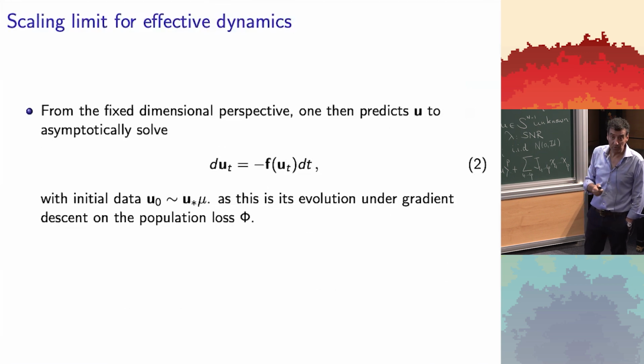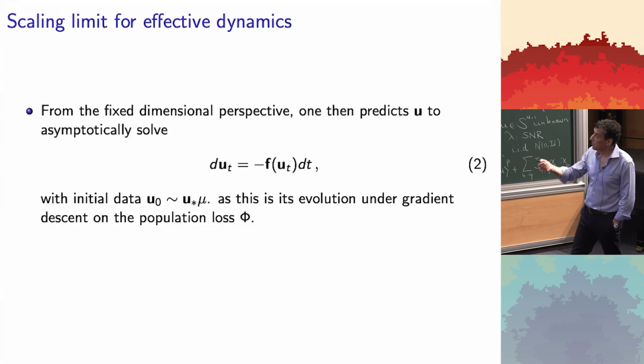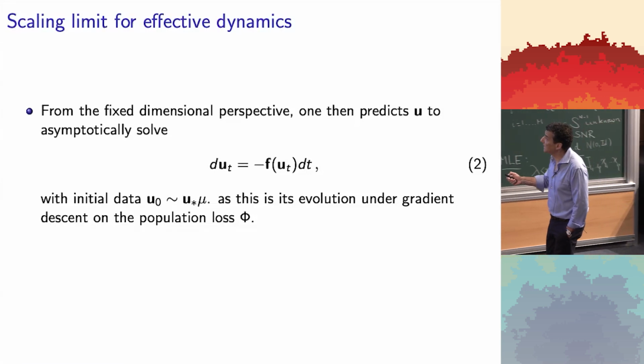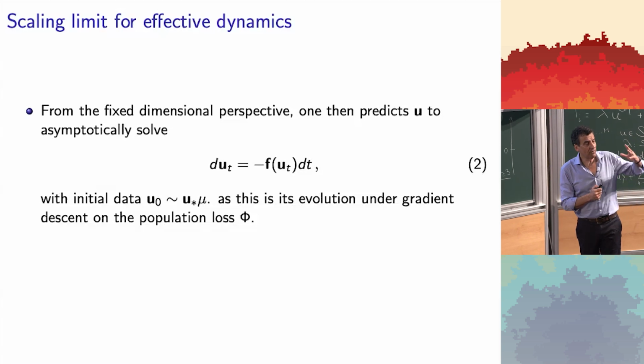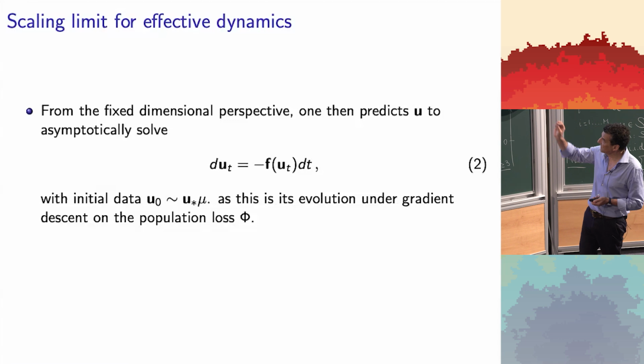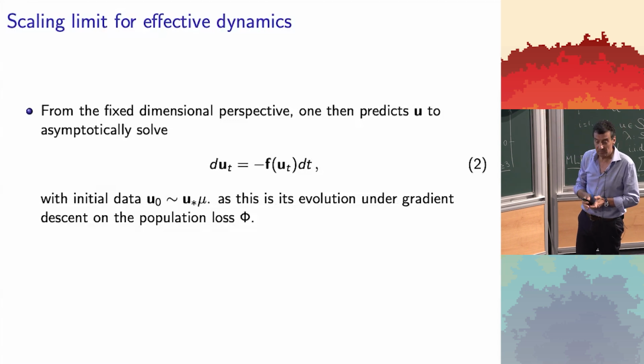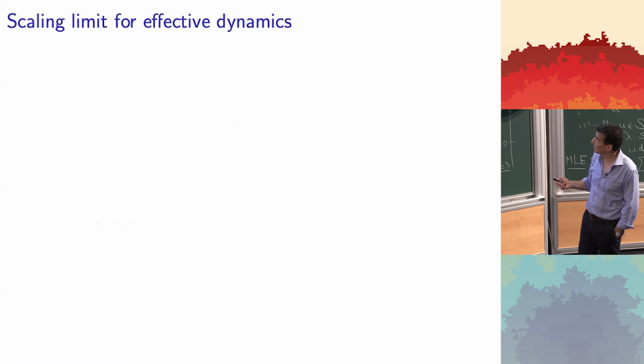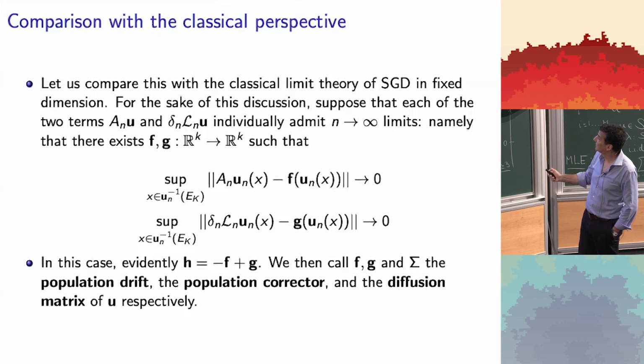In the fixed dimensional perspective, when the dimension is fixed, what you suppose is that in the end u will follow the gradient flow of the population loss. Being a summary statistic here means simply that u will follow this equation with just f, which came from the population loss. Remember? This is what f was. Of course, you've forgotten what A is, but that's what it is.